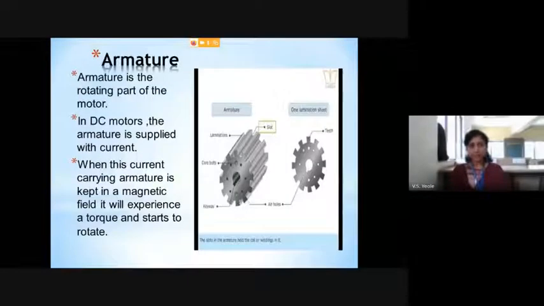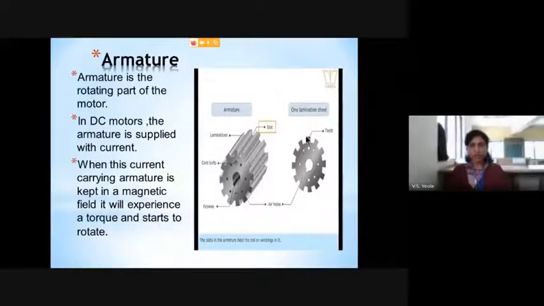Now the second part of the DC motor is called as armature. We have seen the armature in cross-sectional front view. If you see the armature, it is made up of laminations again. This is a single lamination, and when a number of laminations are connected together, it will form one armature core.